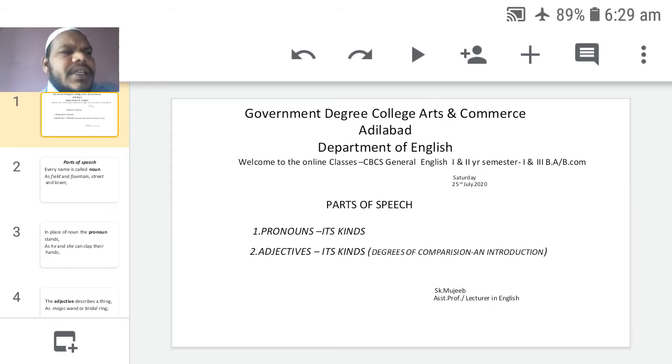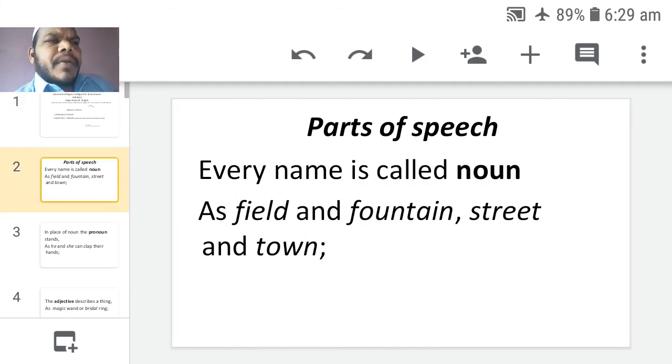And we have seen how in a simple poem we can get the idea on different parts of speech and their functions and definitions. Let's see here the poem.